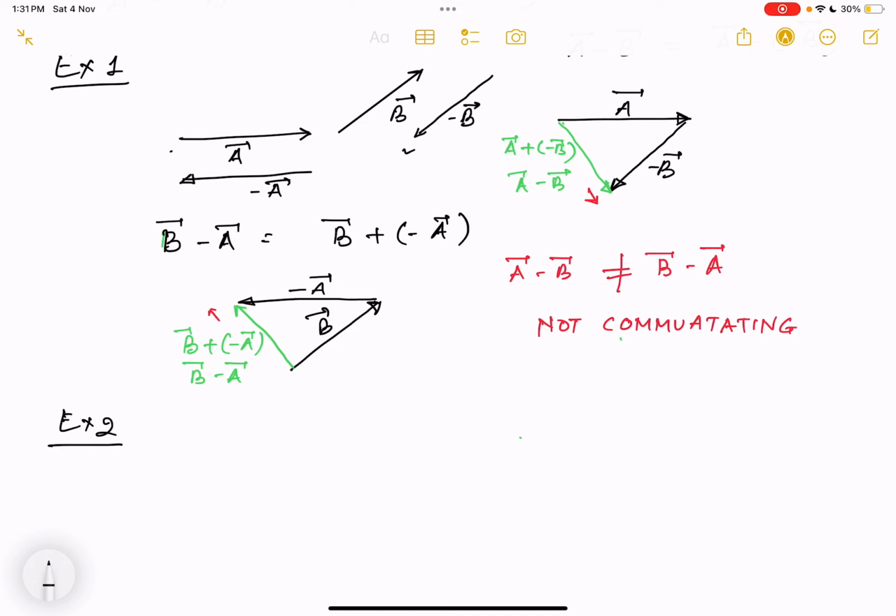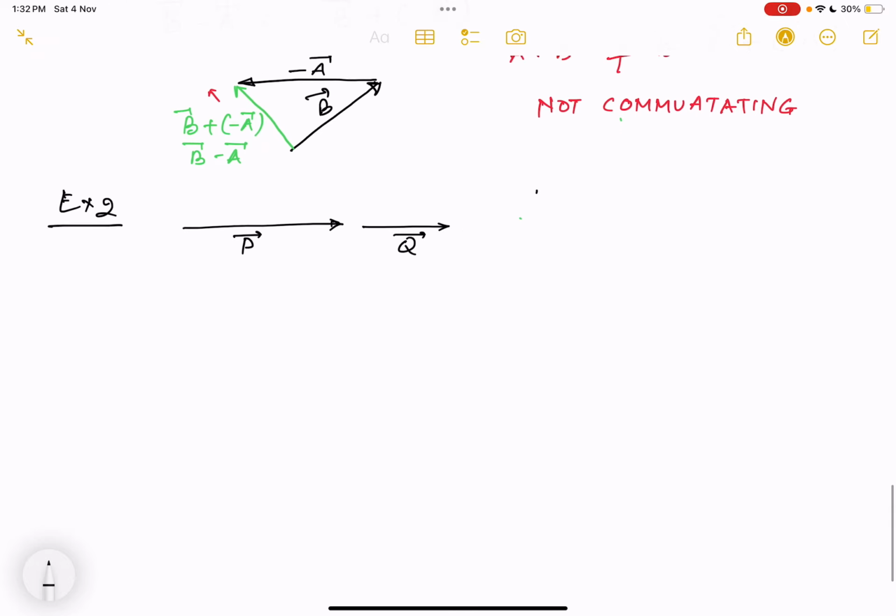Let's take one more example and then we can finish with subtraction of two vectors. Example 2. Let's take two vectors which are parallel. I have vector P, I have vector Q, and I want to find out P minus Q. How do I get P minus Q?